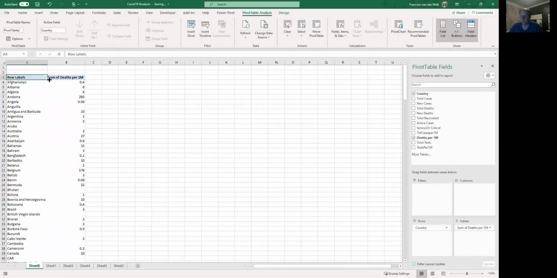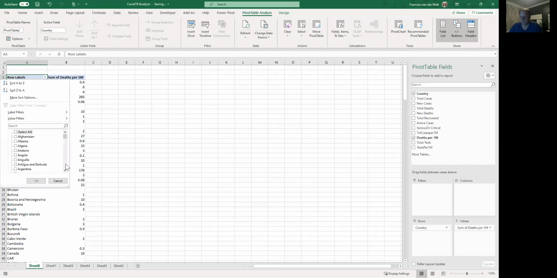And I can now filter on which countries do you want to look at? Australia. Should we look at India? And the US, and the UK.